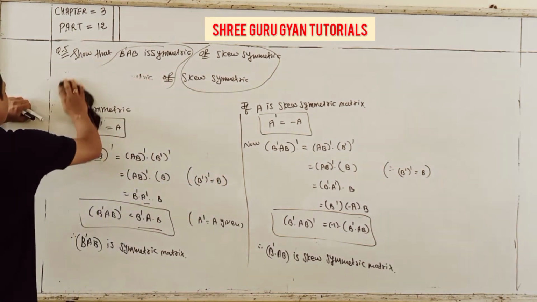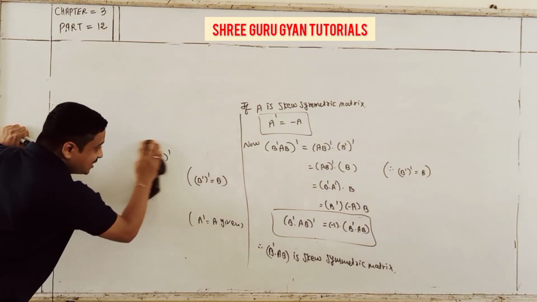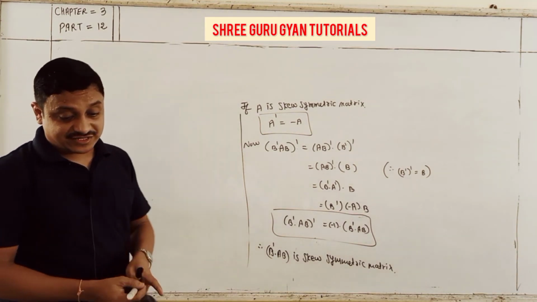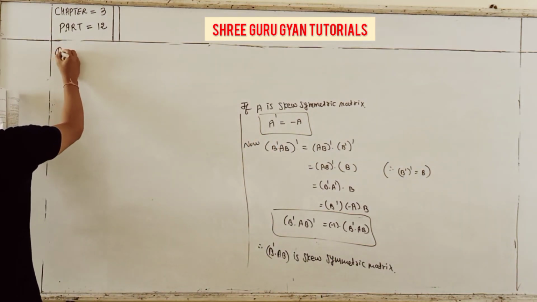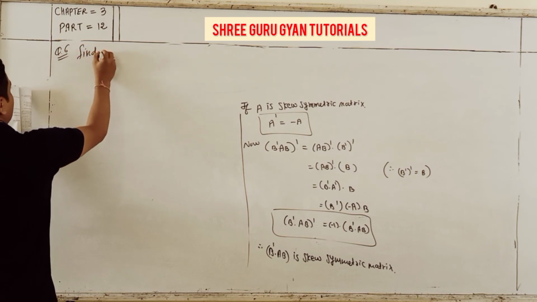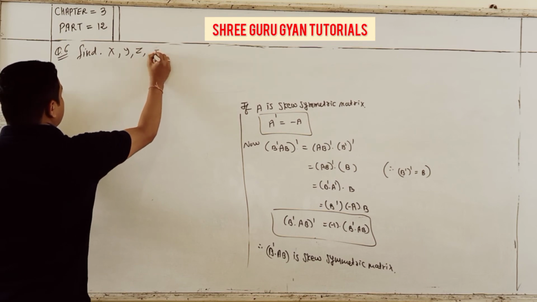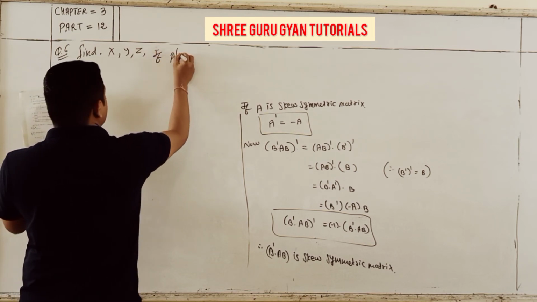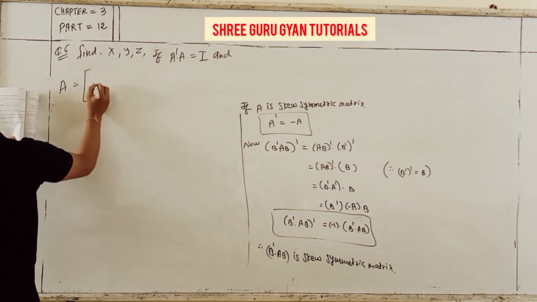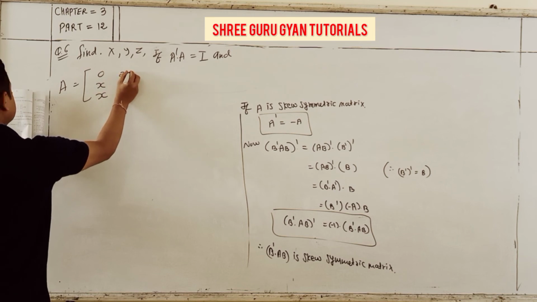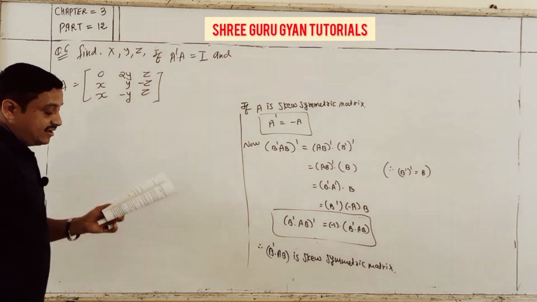Now we go ahead to question number 6, and 6 also has very easy numericals. Find x, y, z if the given matrix A dash into A is equal to I, and the A matrix is 0, 2y, z; x, y, minus z; x, minus y, z.